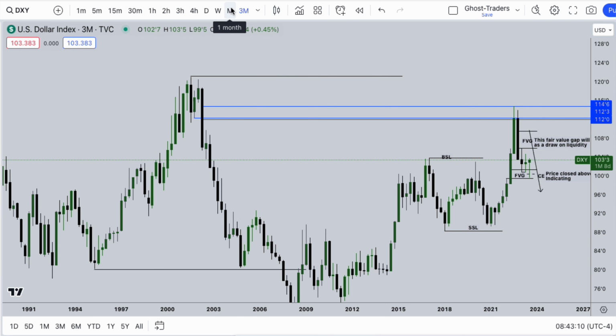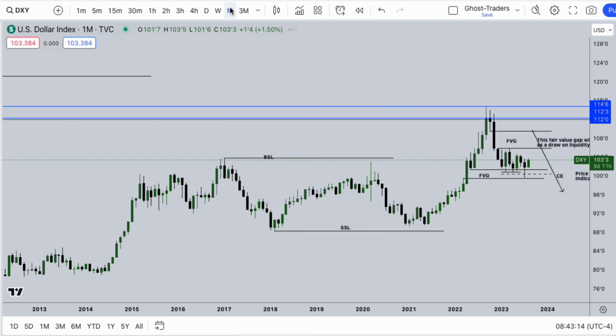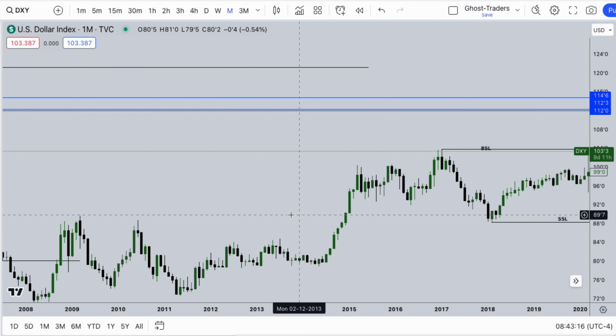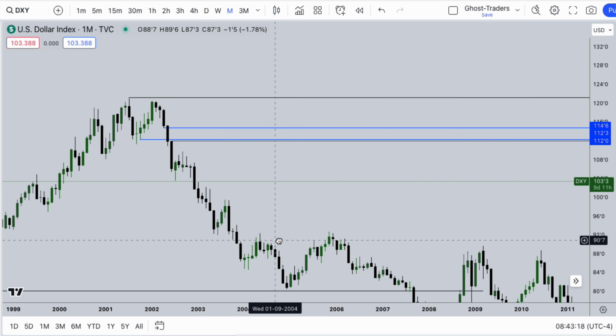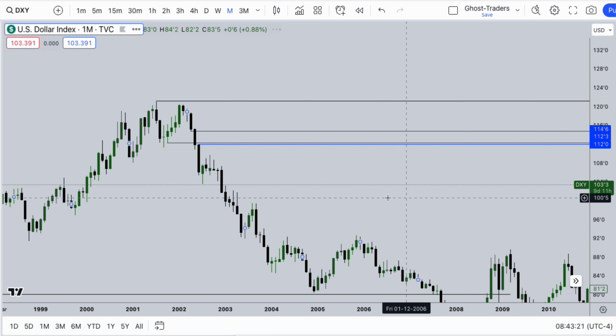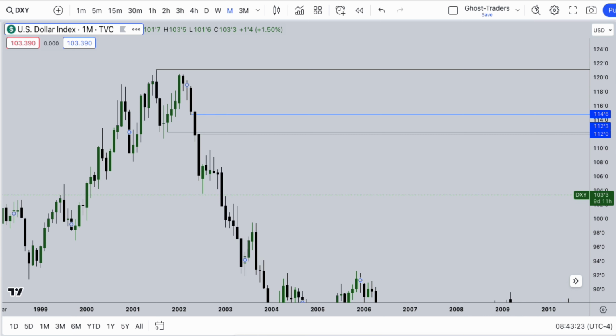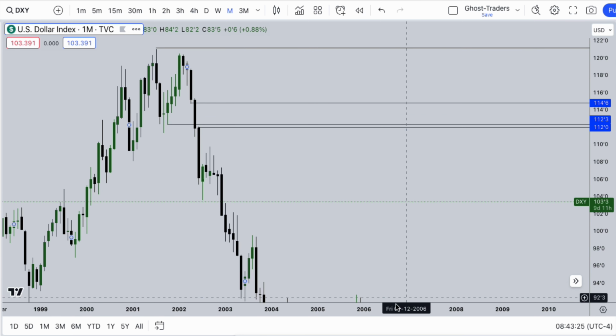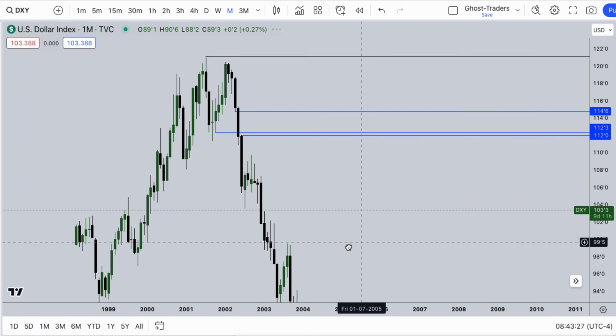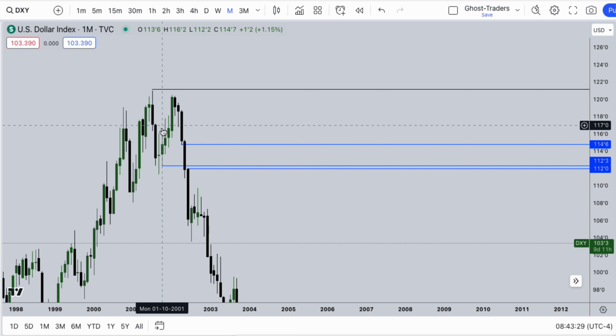So let's switch back, and we get to look at that. So you can see, this is what I was talking about, referring to this level here, this consecutive up candle as an order block.